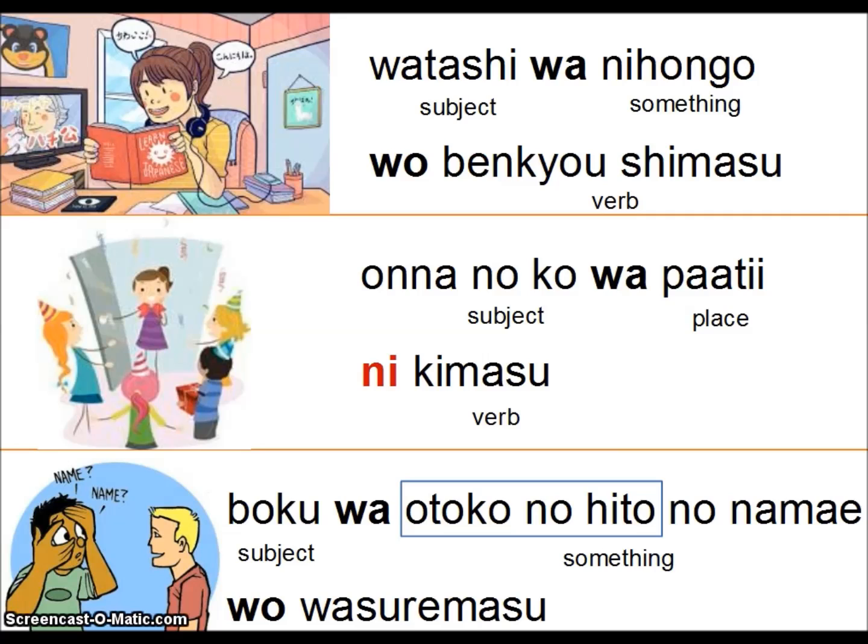So 男 is male and 人 is person, so it's a male person. And if it helps, just think of this as one squished down word. So this isn't any longer than most things that we've been doing. This is no different than like watashi no namae or sensei no namae. It's just a little bit longer because the word for man is just kind of long. So 僕は男の人の名前を忘れます.